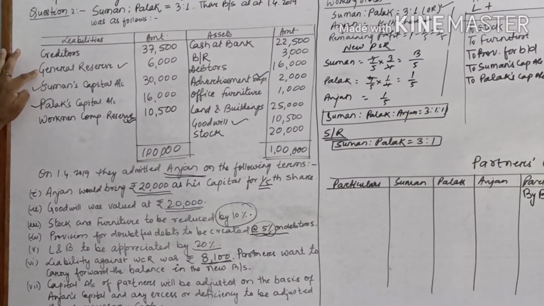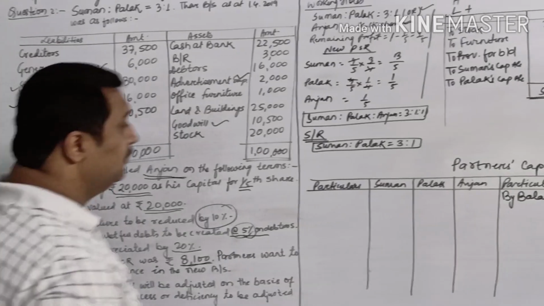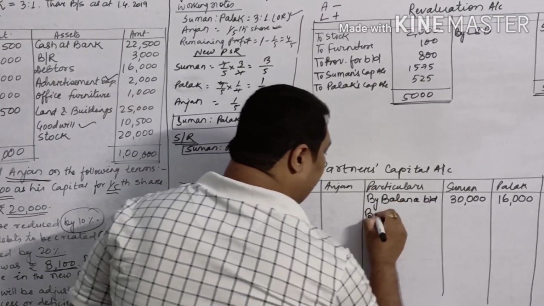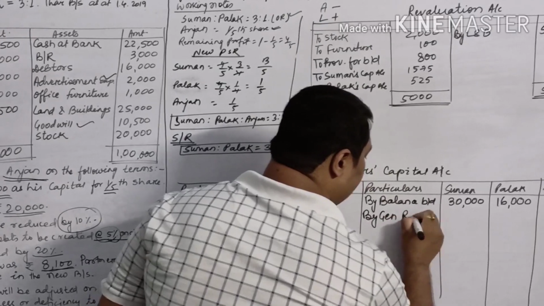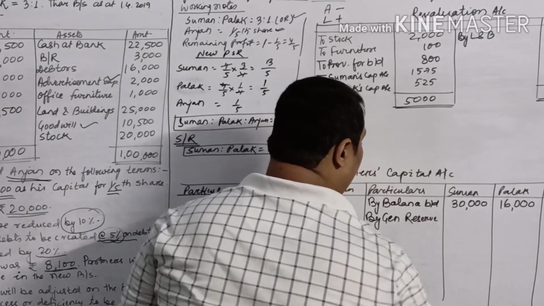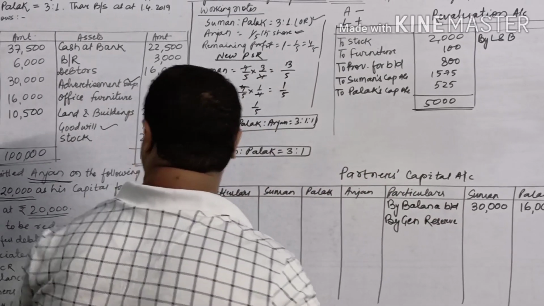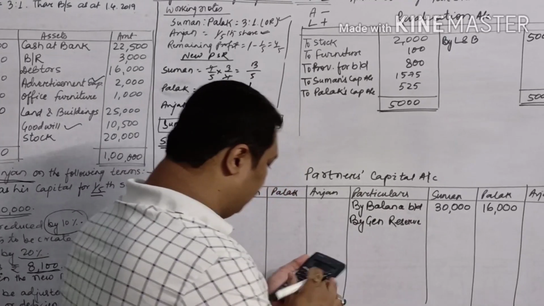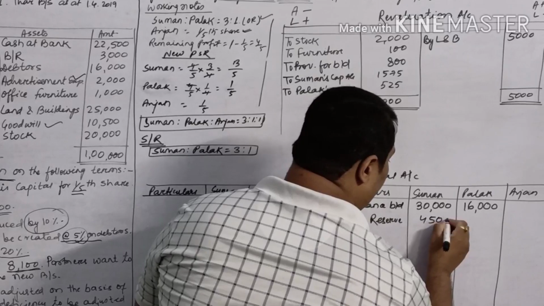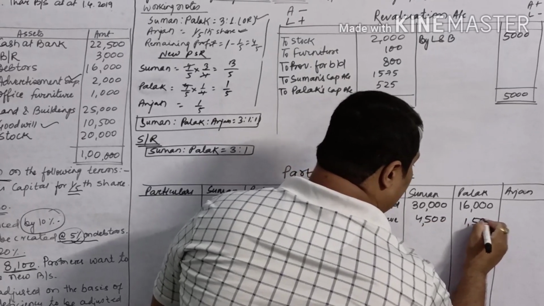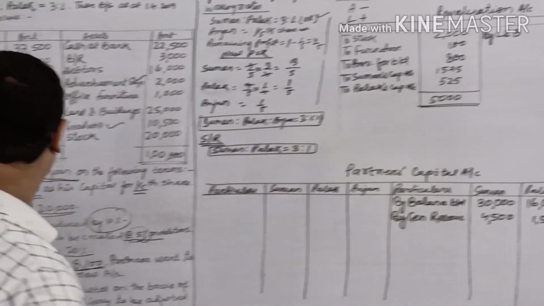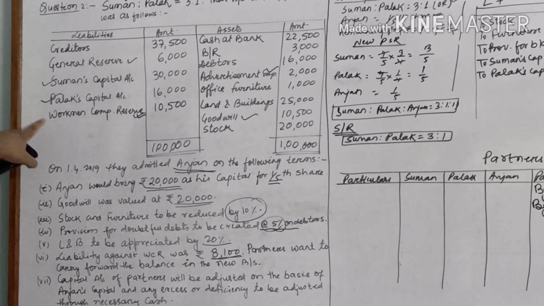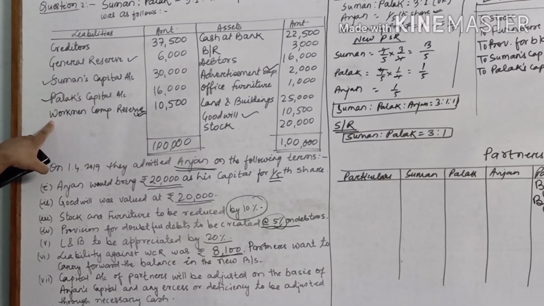There is no other adjustment related to general reserve, so it will be distributed amongst the old partners in the old ratio. So 6,000 divided by 4 into 3, 4,500 will go to Suman and 1,500 will go to Palak. We have another item, workmen compensation reserve, children.